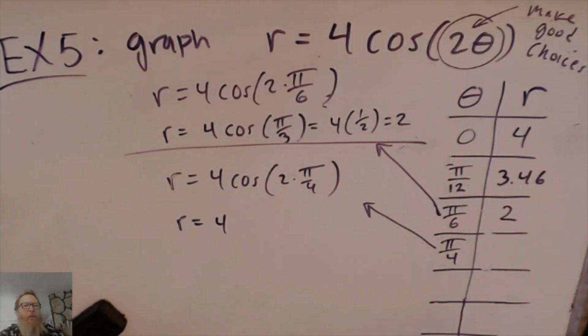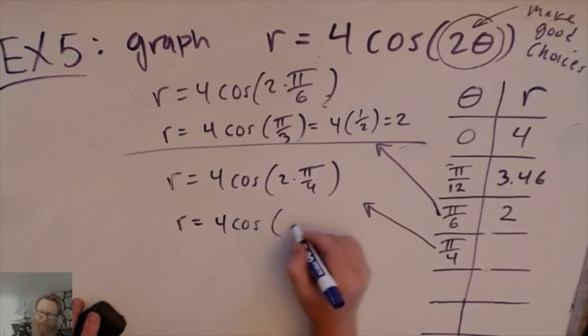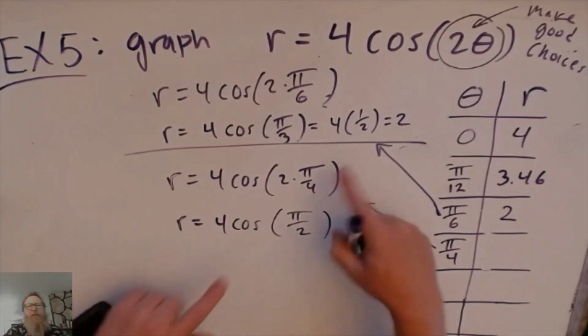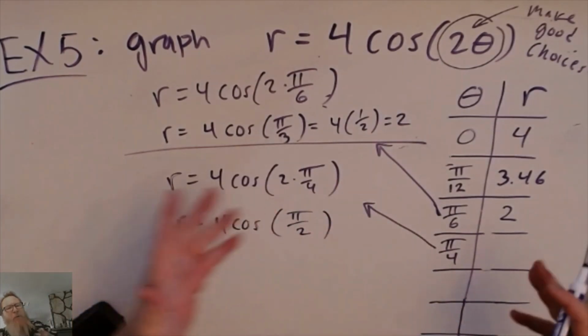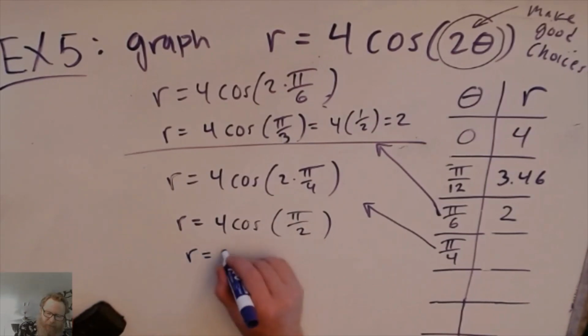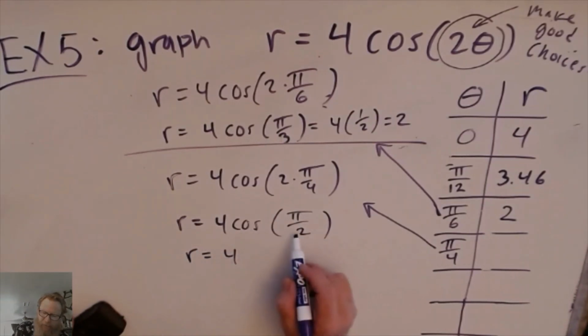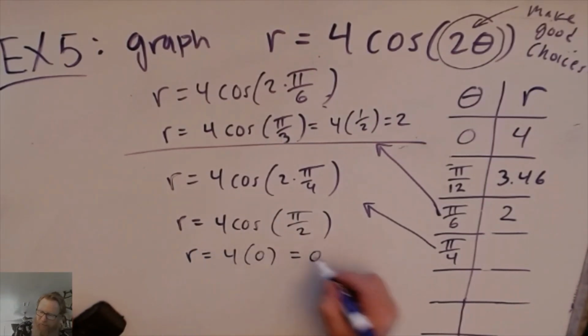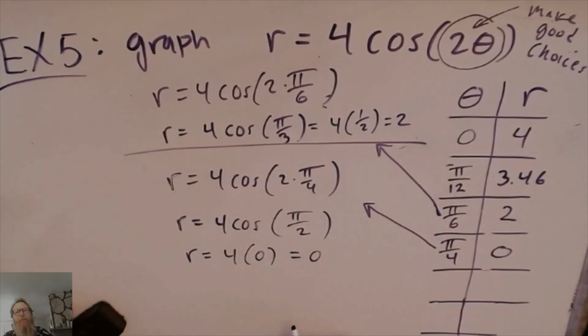Choose numbers that you already know. If you don't already know these, then this is your chance to refresh yourself. Every time you pick a theta, see if you could quiz yourself mentally. You got to be your own boss right now. I'm not going to be around to tell you what to do. Cosine of pi over 2 is 0, so that goes back to being 0.